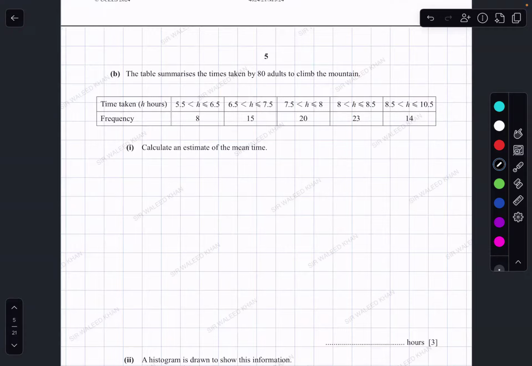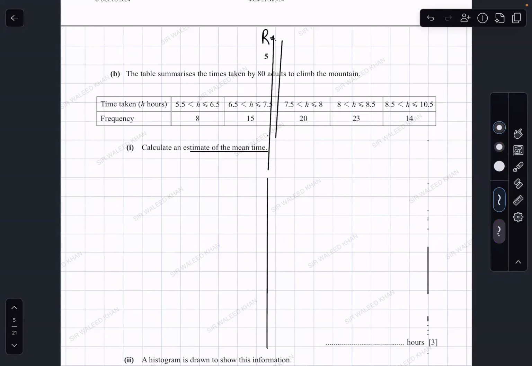Okay, the table summarizes the times taken by 80 adults to climb the mountain. Sarah, switch on your camera, be quick. Calculate the estimate of the mean. Estimate of the mean. Remember this. Range, you have data in a range form.